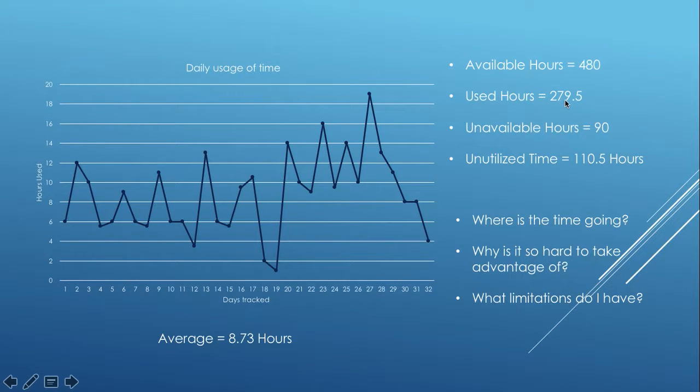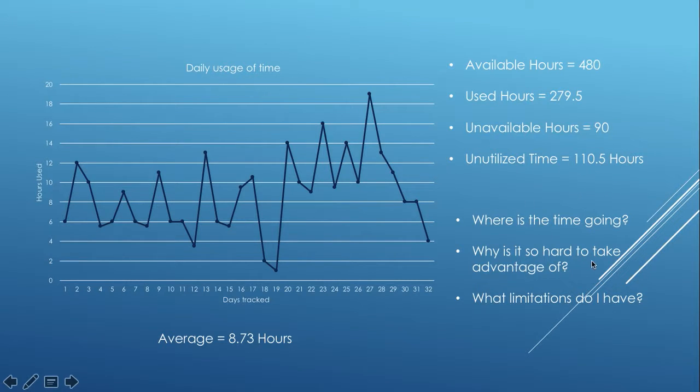Hours I used was 279.5. My unavailable hours are time to go to class, walking to class, driving to WSU or driving back to U of I, eating food, stuff like that. Then my unutilized time is the amount of time that I could have spent, and you subtract both of these numbers from it to get the number of hours that I wasn't using.